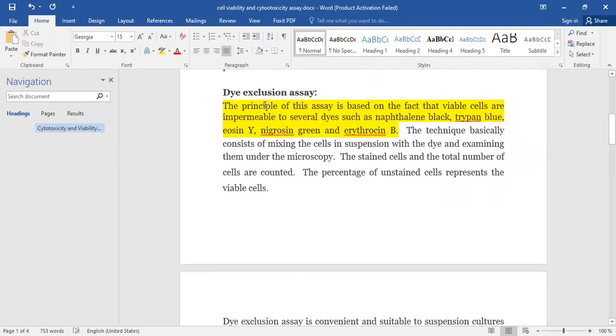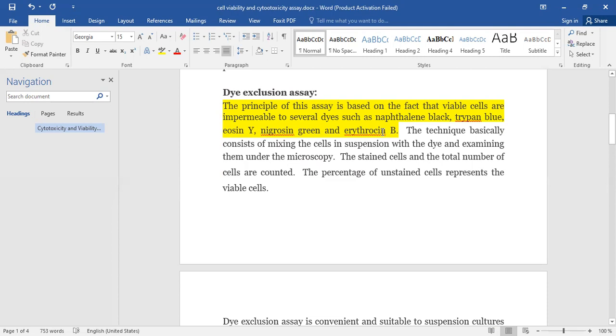The first one is the dye exclusion assay. In the dye exclusion assay, the viable cells are impermeable to several dyes such as naphthalene black, trypan blue, eosin Y, nigrosin, and erythrosin B. If we stain the cells with these dyes, viable cells will show no color.